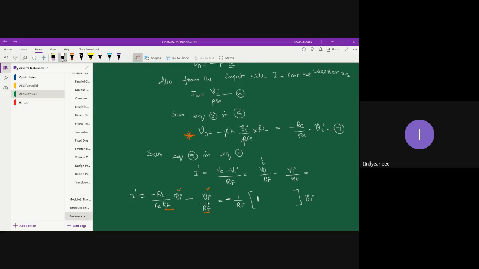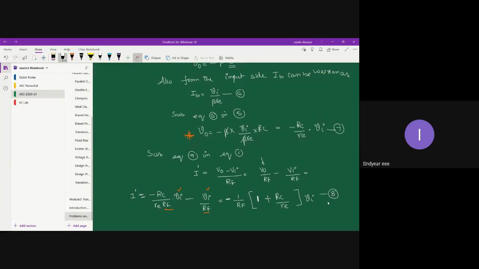So you have taken out minus Vi divided by Rf outside the bracket, right? So minus 1 by Rf is here and Vi is here. Effectively inside the bracket you will have 1 plus Rc divided by Re, because of the negative sign this becomes plus. So basically you will get this resistance ratio added with unity. So fine, let's keep it as equation 8.